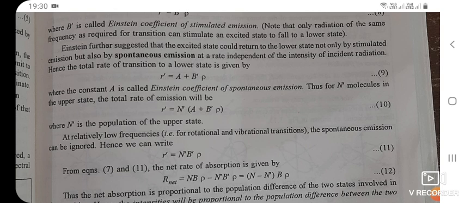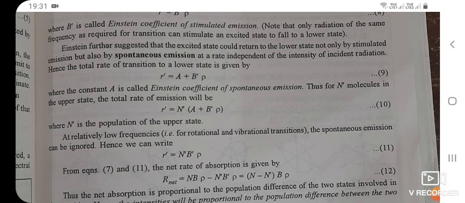Thus, for N dash molecules in the upper state, the total rate of emission will be R dash equals N dash into A plus B dash rho, where N dash is the population of the upper state. At relatively low frequencies, that is, for rotational and vibrational transitions, the spontaneous emission can be ignored. Hence, we can write R dash equals N dash B dash rho.